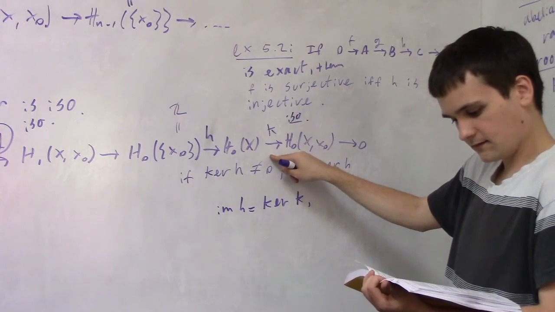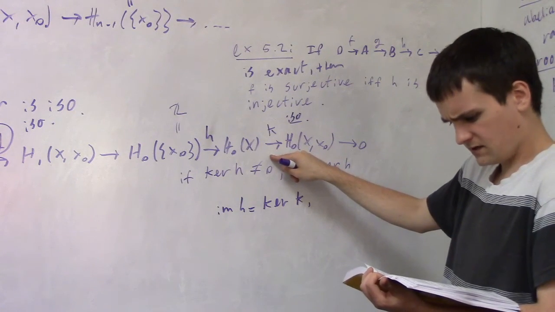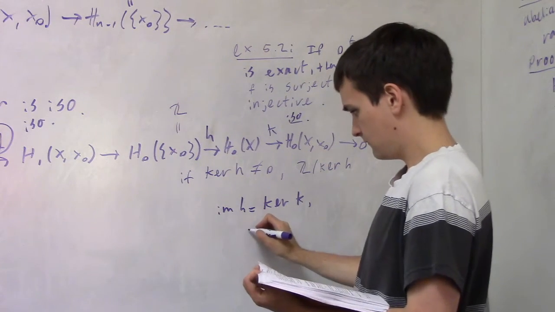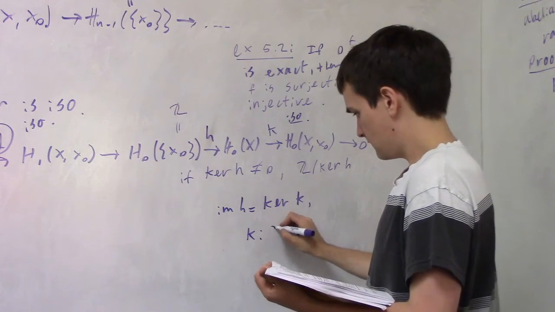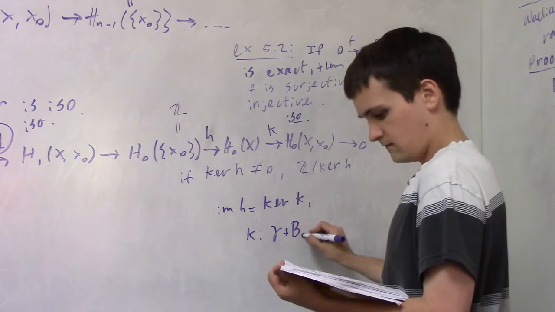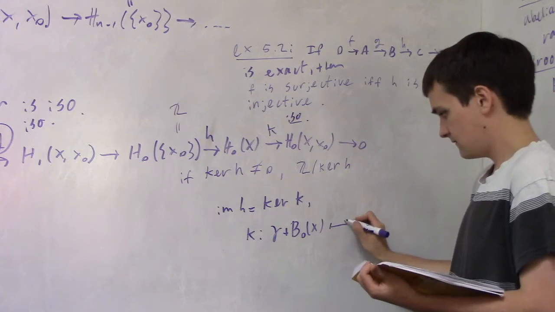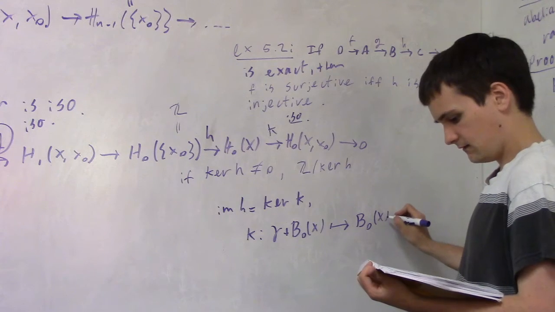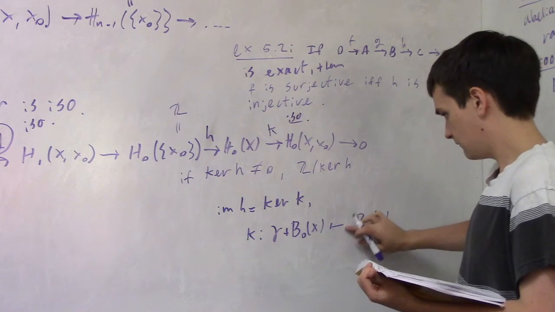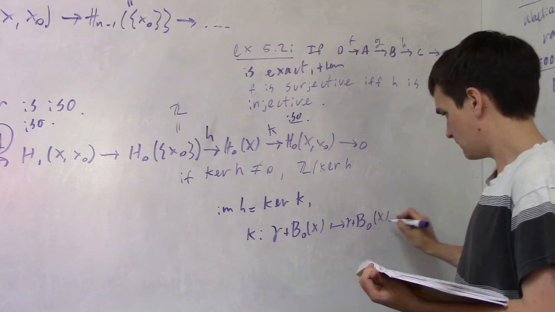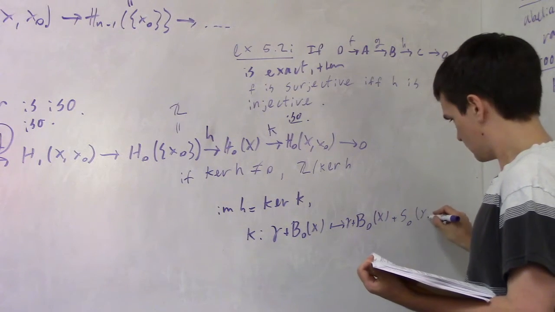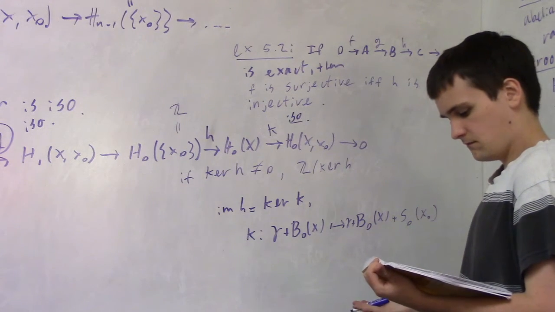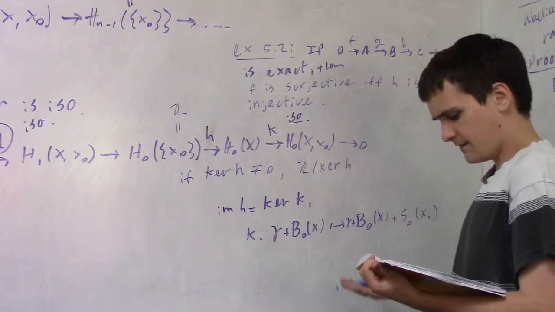Then they say K, being induced by inclusion, is the map given by gamma plus b naught of x maps to b naught of x out gamma. That part makes sense.